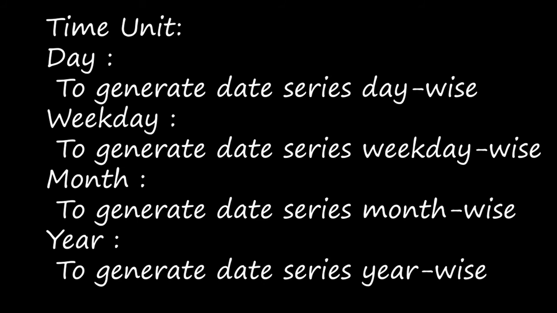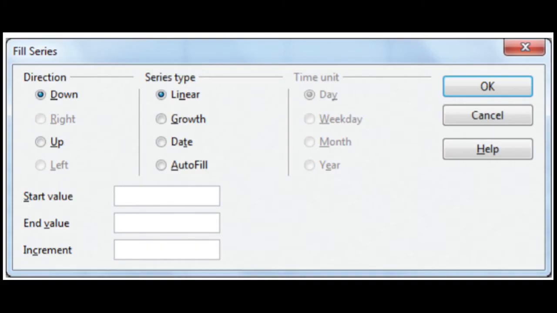The start value, the initial value of the series, should be typed first, and then the end value of the series must also be typed. If you do not specify the end value, the series will be generated up to the selected cells. Here the Fill Series dialog box is given. If your selection is less than the specified end value, the series will be generated only up to the selected cells.